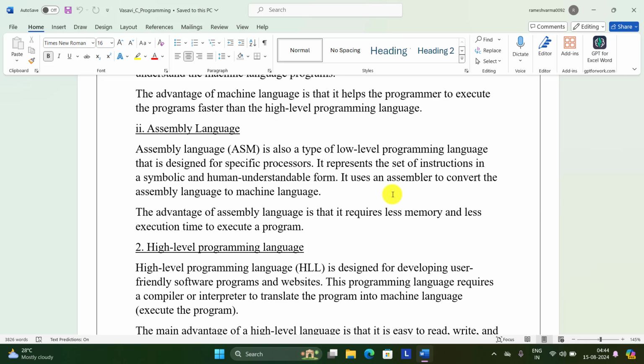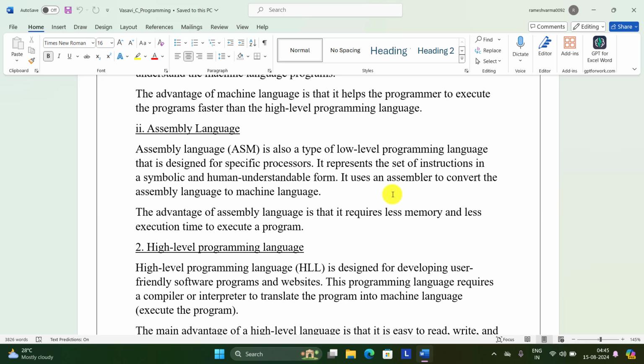By writing assembly language we can have a little bit advantage over machine code because we use some English level syntax like add a comma b or something. But the problem is here the assembly language instructions are different from one computer to another computer.